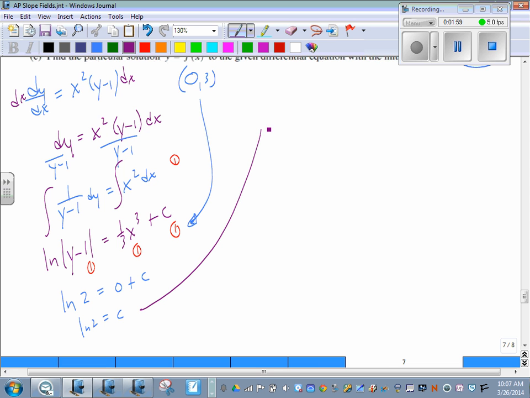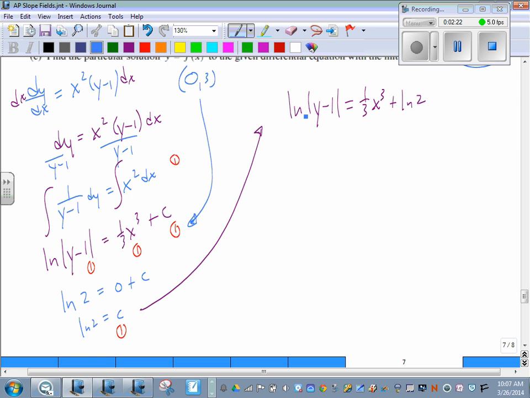Then we're going to take that and put it into our equation. Natural log of absolute value of y minus 1 equals 1/3 x cubed plus natural log of 2. So our last step, this finding c, that was worth 1 point. Now our last step is worth 1 point also. We have to solve this equation for y.